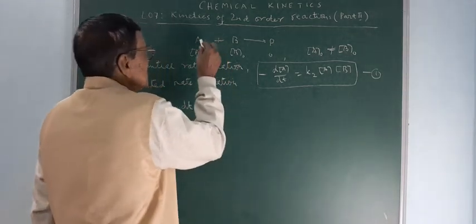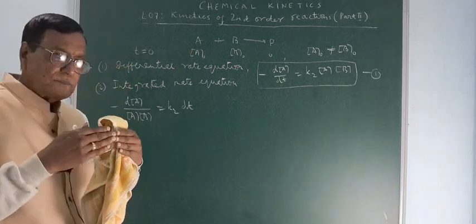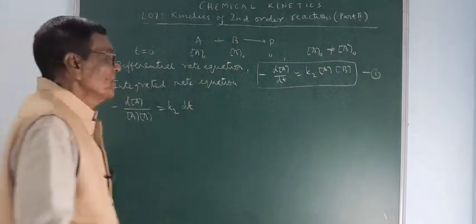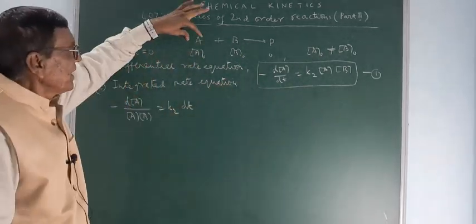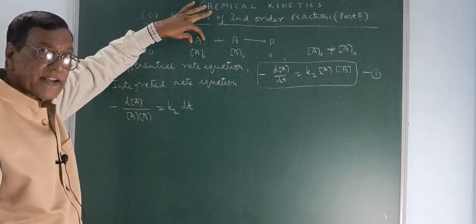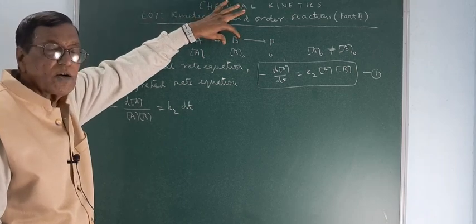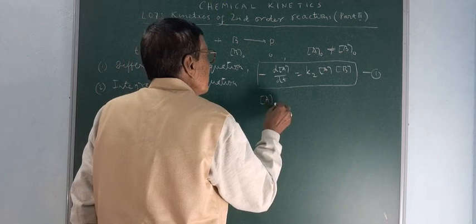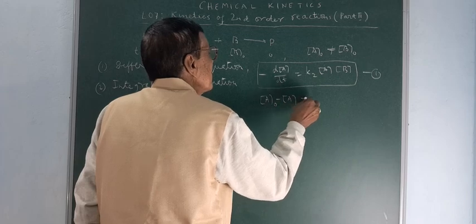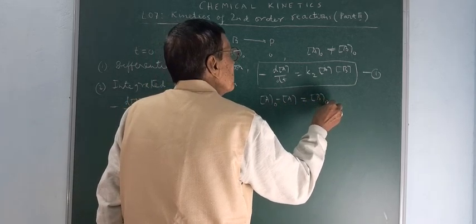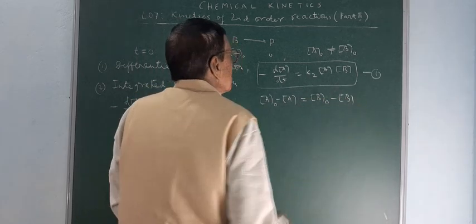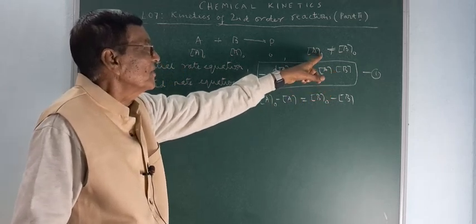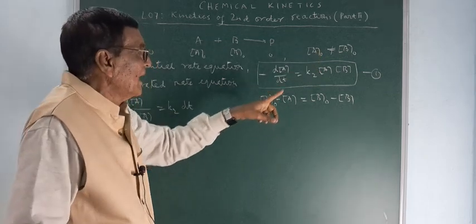Since A and B react in a 1:1 mole ratio, the number of moles of A reacting equals the number of moles of reactant B. So the condition is that A naught minus A equals B naught minus B. These two are the initial concentrations; the zero subscript is given for time 0.